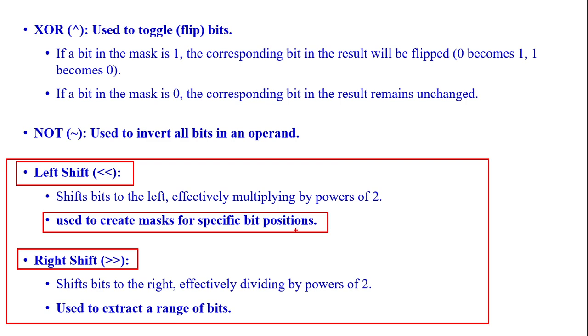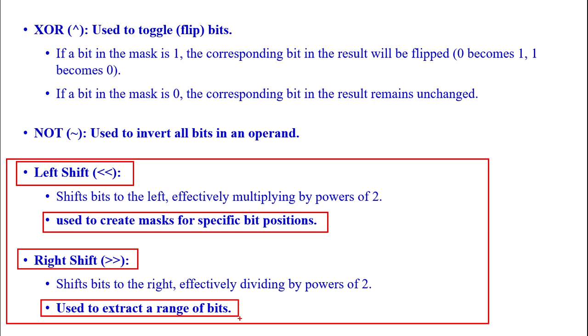Even though it is a shift operator, its application is in creating the mask with a particular bit position. I'll give you one use case later. Similarly, the right shift operator is used to extract the range. Right shift is used to extract the range. How to use that, I'll give you one example, then we will see.